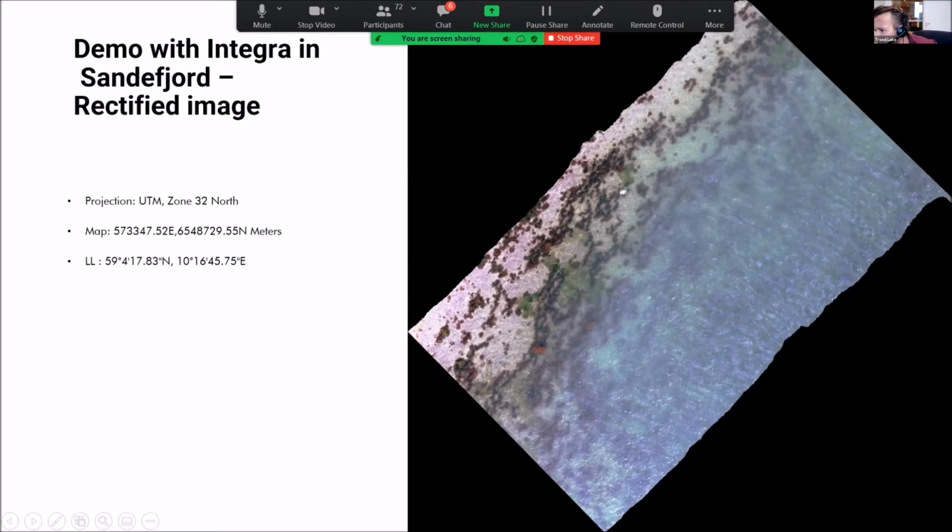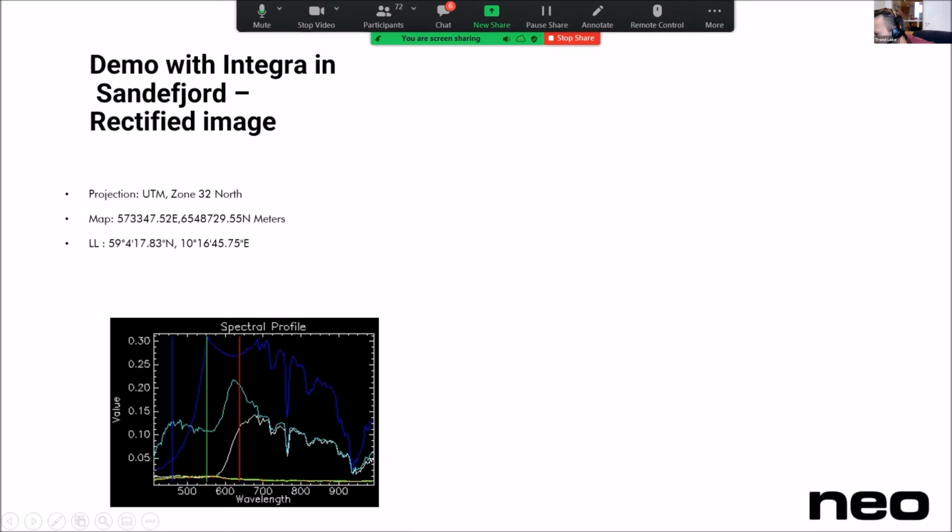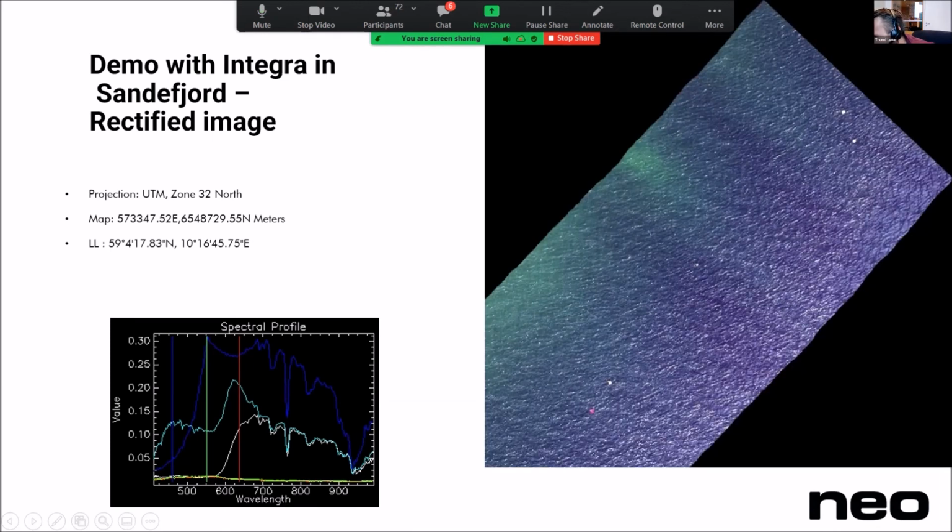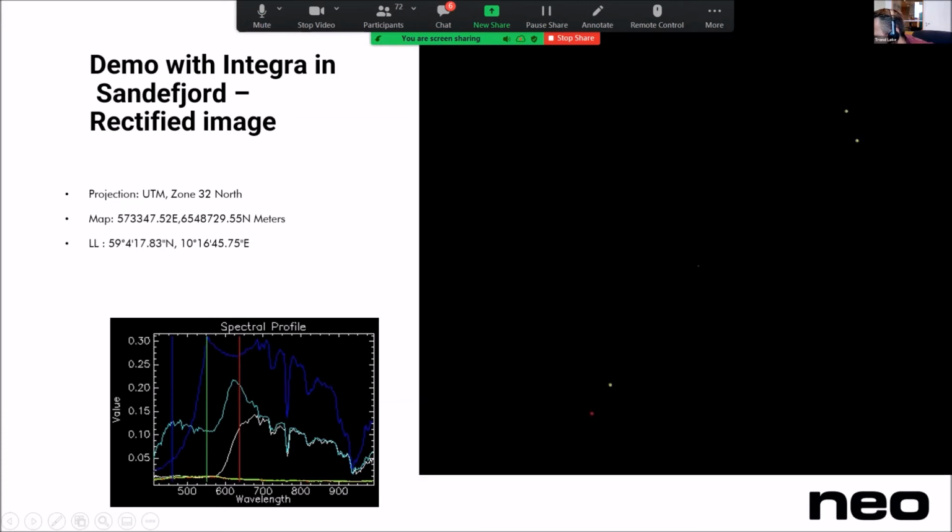Another search and rescue or anomaly detection application. Submerged in water, looking for objects submerged and divers and so on. So this was done very simply with just spectral angle mapper and anomaly detection.